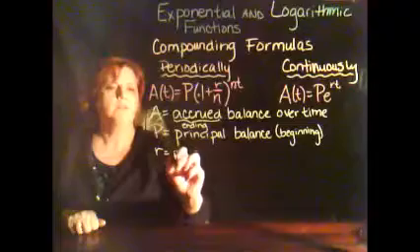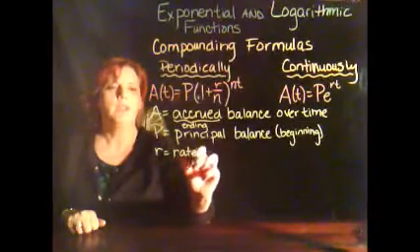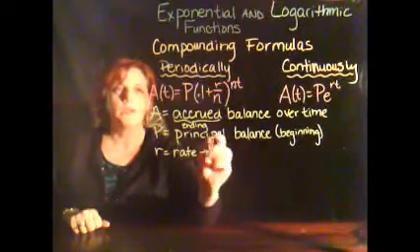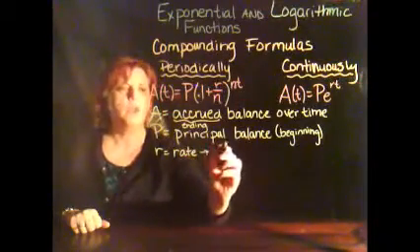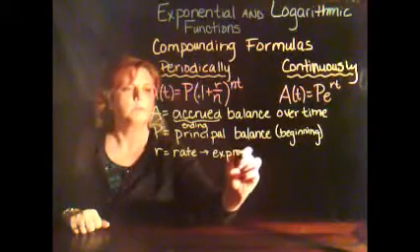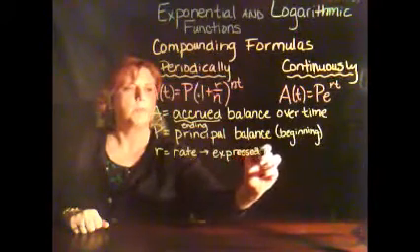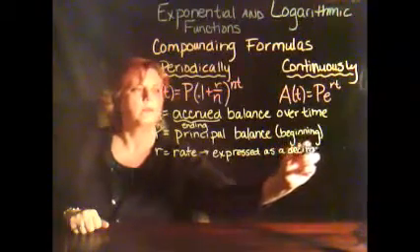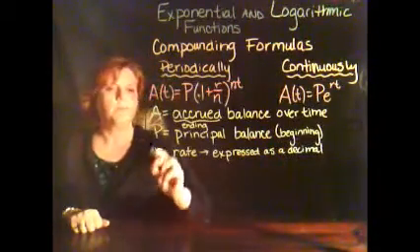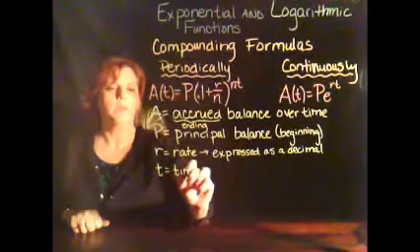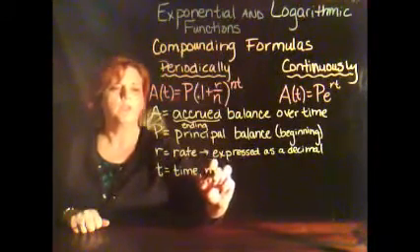The R is our rate, usually given as a percent, but we are always in our formulas going to express this as a decimal. T is our time, and it's going to be measured in years.